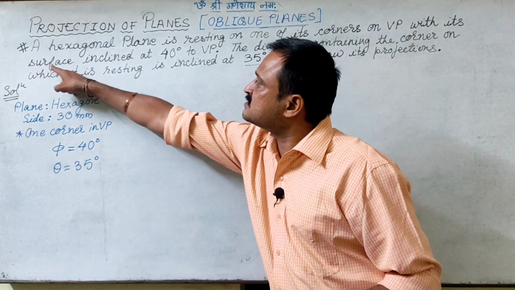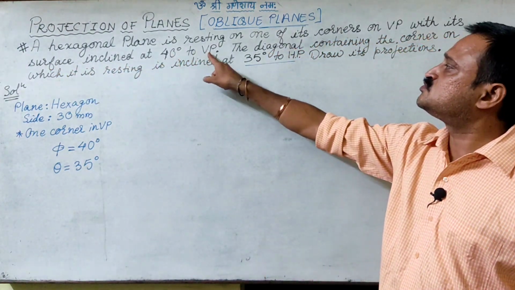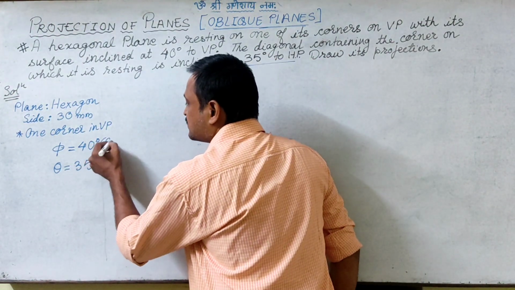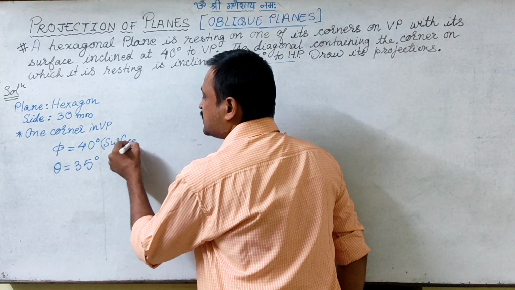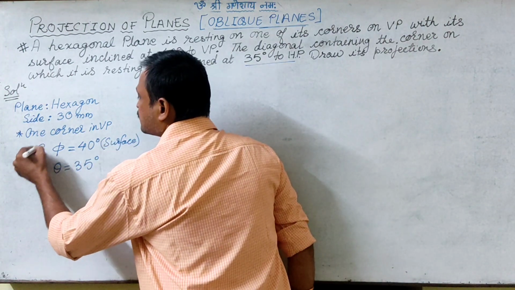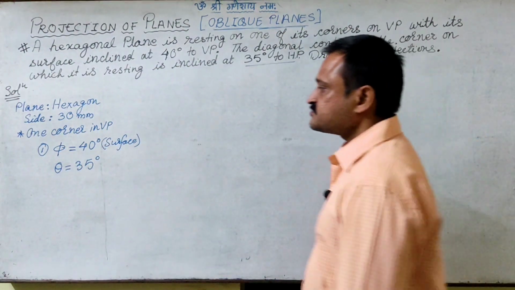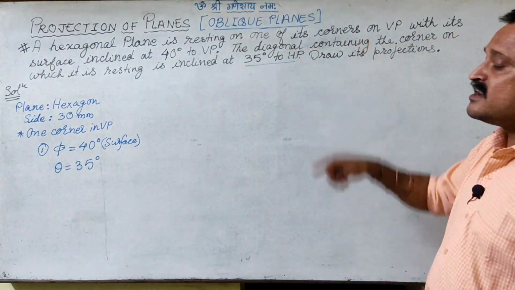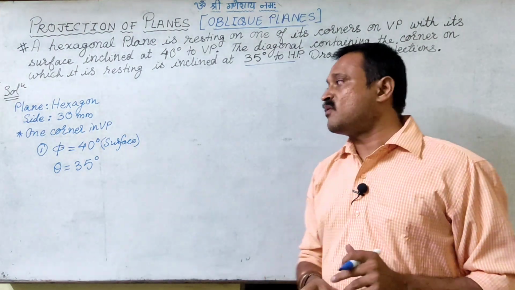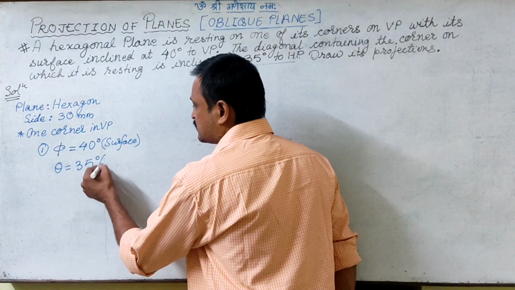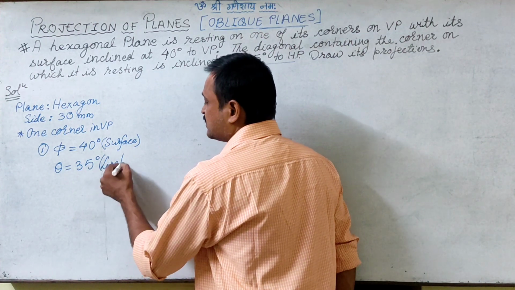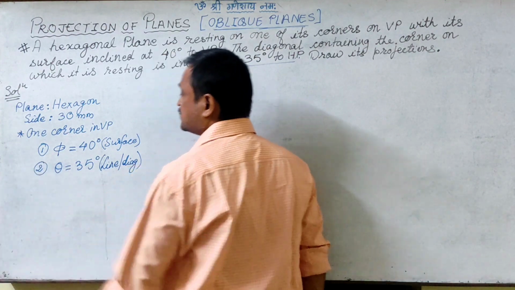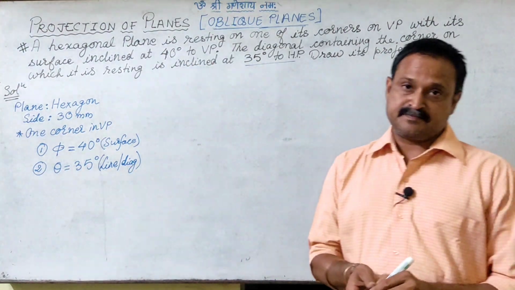Here the surface is inclined at 40 degrees to VP, and inclination with VP is phi. So this phi is the surface inclination. That means we are going to deal with phi first, and the 35 degree inclination is of the diagonal containing that corner. So this is the line inclination, or the diagonal inclination, and we will deal with it in the final step.